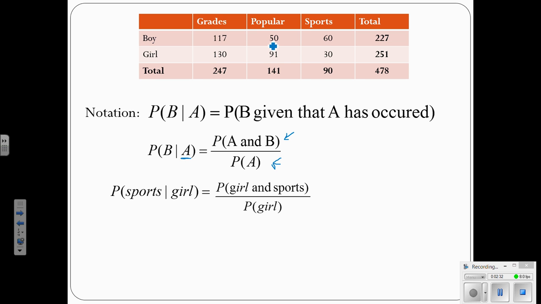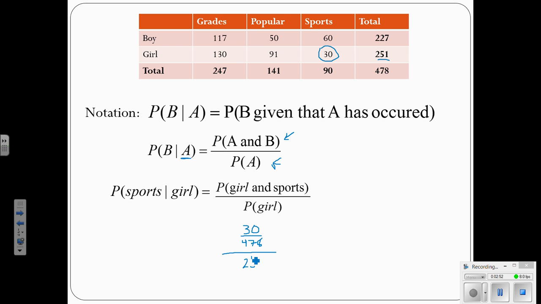So for us, girl and sports, that'd be 30 out of the total of 478. There's your numerator, and then the probability that we select a girl at random out of the entire group, probability of girl, is 251 out of 478.